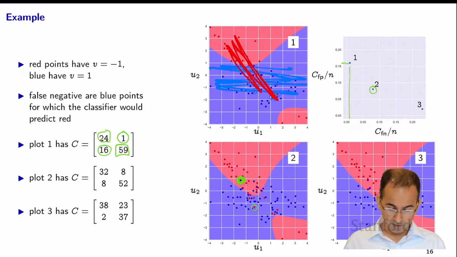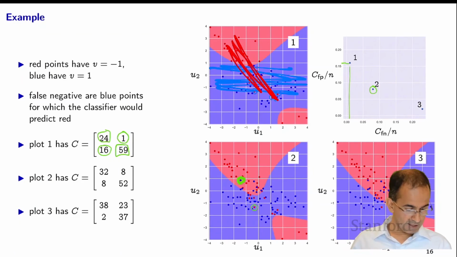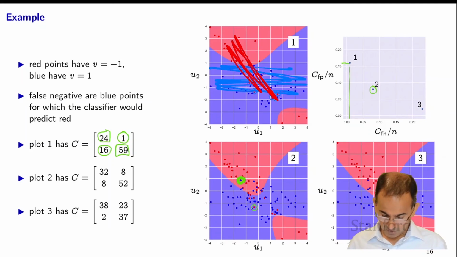Here's plot number 3, a classifier at the other extreme. Here we've tried to focus on getting the red points correct, and in exchange we're getting some of the blue points wrong. What does that mean in terms of false positives and false negatives? It means that we've got very few false positives and a large number of false negatives. Our false positives are red points that are classified as blue, and there are 2 of them.